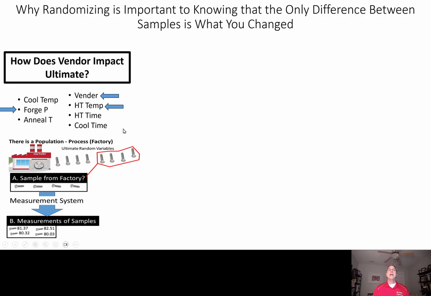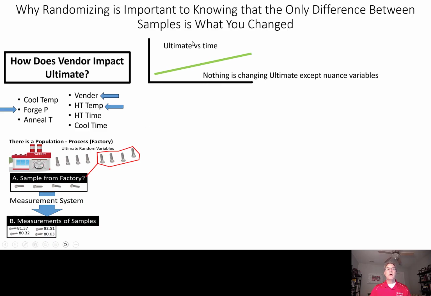Okay, so now imagine that we have perfect knowledge of the impact of these nuisance variables. Let's say that the temperature in the plant is rising all through the day, and because of that, these nuisance variables influence our ultimate like this. It makes it rise.